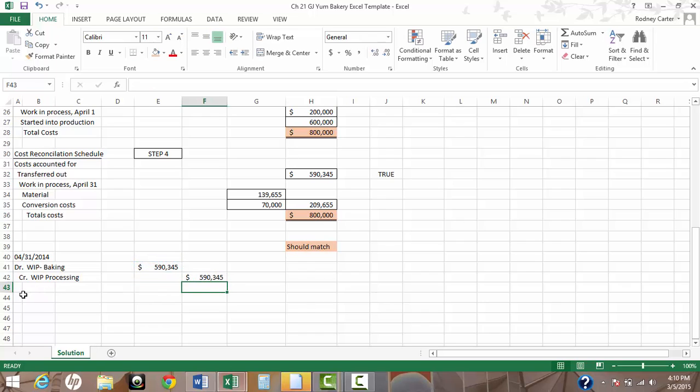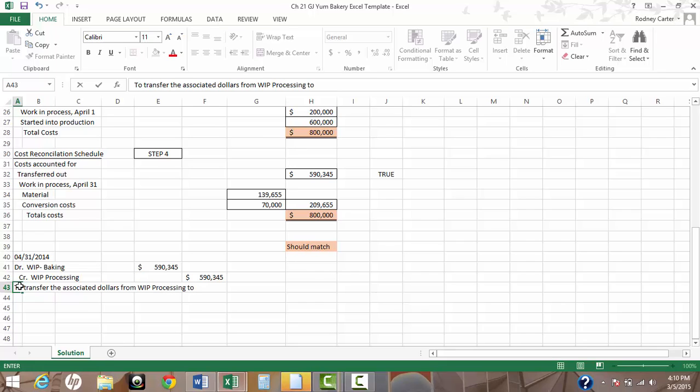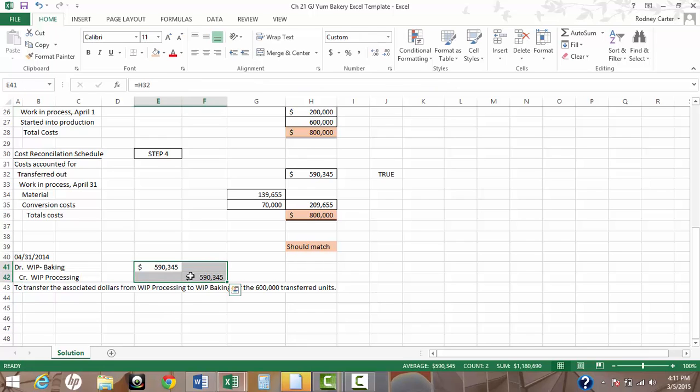And if I make a note to this journal entry, it would be to transfer the associated dollars from WIP processing to WIP baking for the 600,000 transferred units. This is the dollar value that was transferred out into the next department.